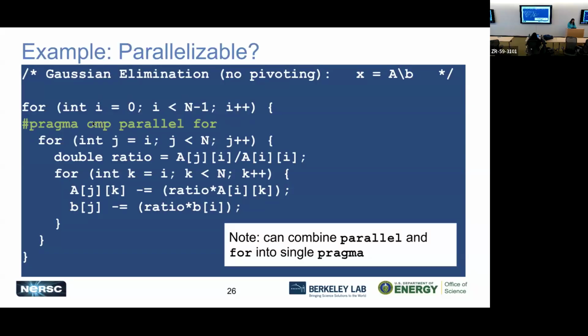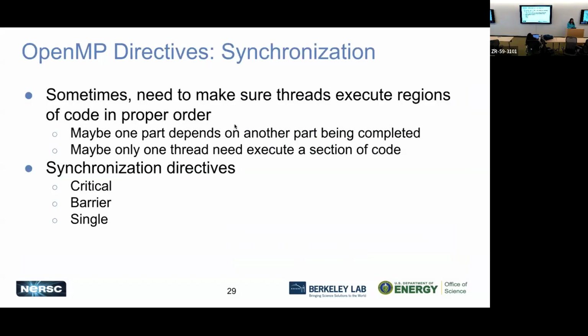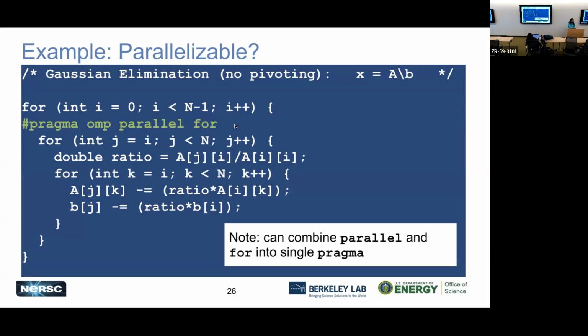The first line is pragma omp parallel. The second line is pragma omp for, but you can combine them. This is just for your convenience. It's completely equivalent to having them on separate lines with curly braces to put them together. All right, collapse, I didn't put it here, but you can just type collapse(2) here.